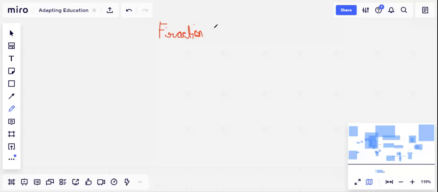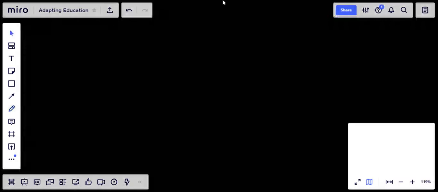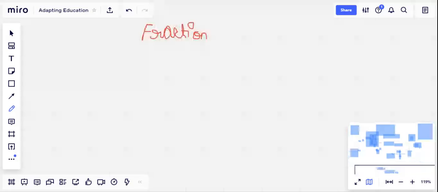We're going to make it interdisciplinary, where we are going to relate or connect different things.